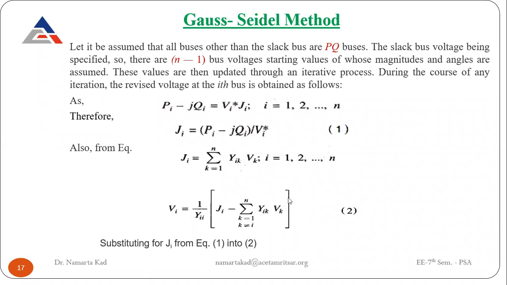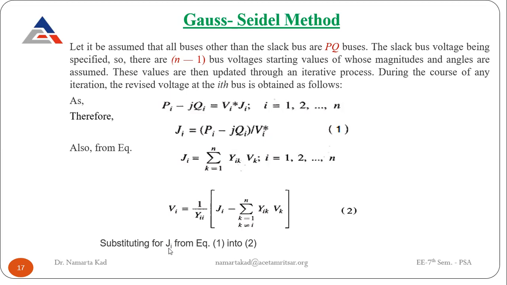But here in this summation, k is not equal to i, because we separated the term when k is equal to i, and from that term we have calculated Vi. So Vi comes out to be equal to this equation, and just mark this equation as number 2 now.